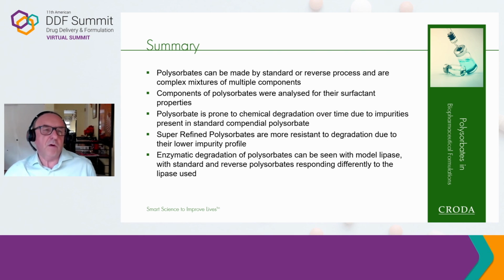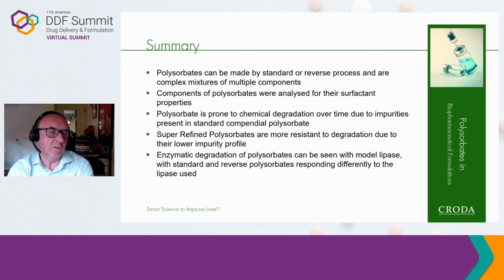So just as a summary, polysorbates can be made by standard or reverse processes, and they are complex mixtures of multiple components. We've done some investigations looking at the performance of these components in terms of their surfactant properties. I've also talked a little bit about polysorbates being prone to chemical degradation over time due to impurities present in some of the standard compendial grades.